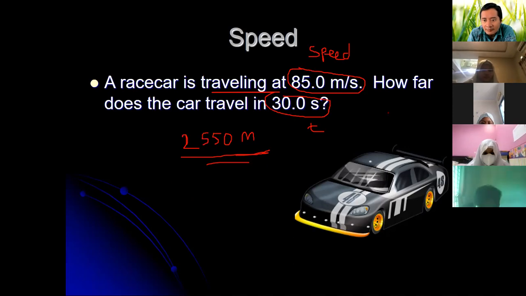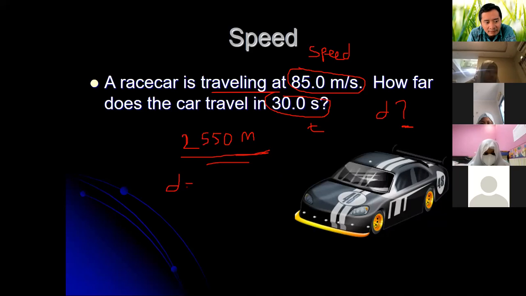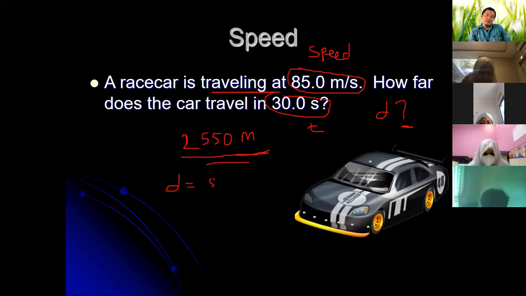So distance equals what? Speed times time. Speed kali time. So 85 times 30. Yes. And the result is 2,550. Okay, very good. Thank you so much, Mbak Sarah and also Mas Rafa Alvaro.